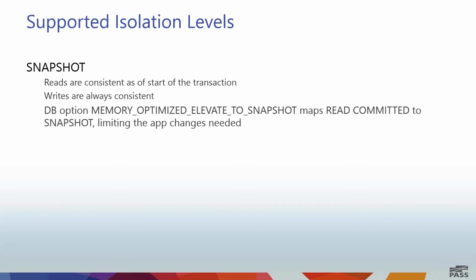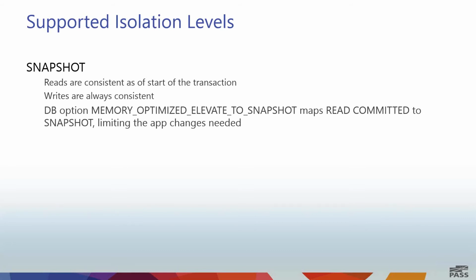And we recommend using the database option MEMORY_OPTIMIZED_ELEVATE_TO_SNAPSHOT to map read committed, which is the default isolation level in SQL Server, automatically to snapshot when you access memory optimized tables, so you can minimize the application changes you need for incorporating memory optimized tables. And we have seen that in many applications this just works.